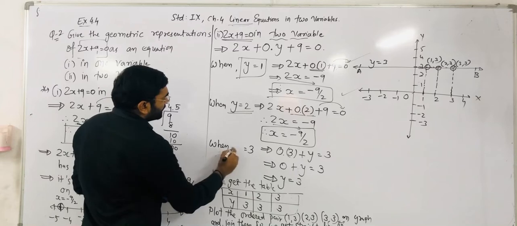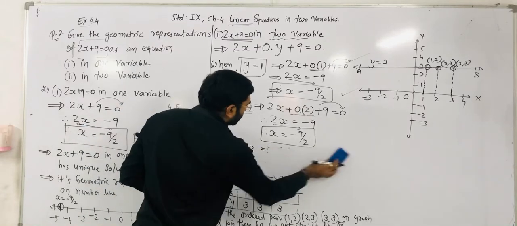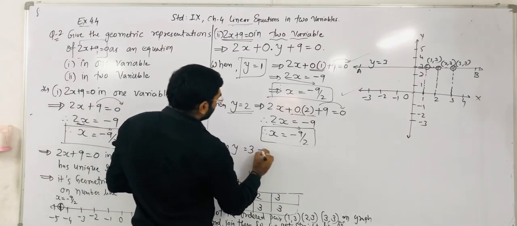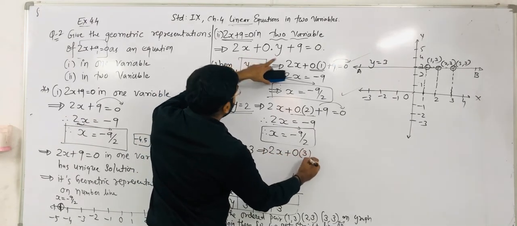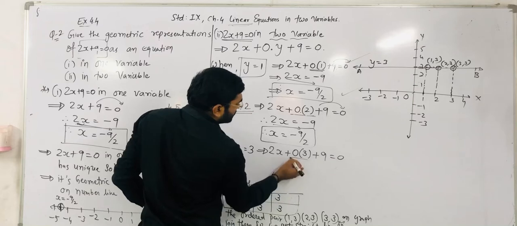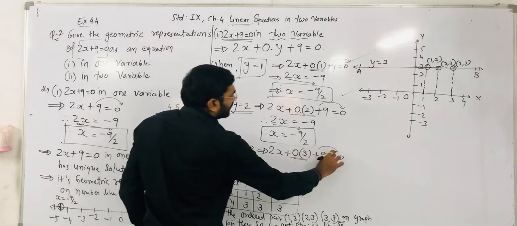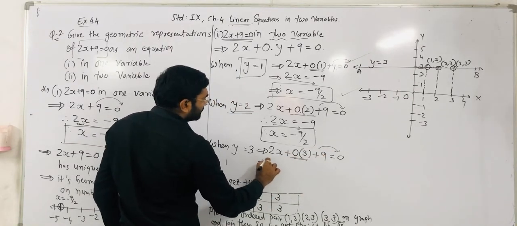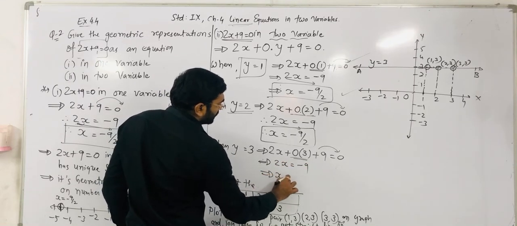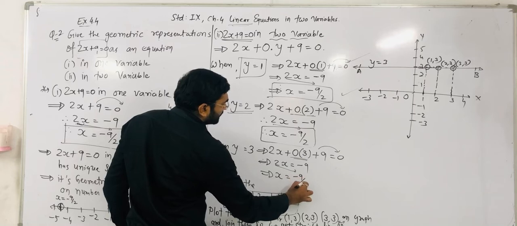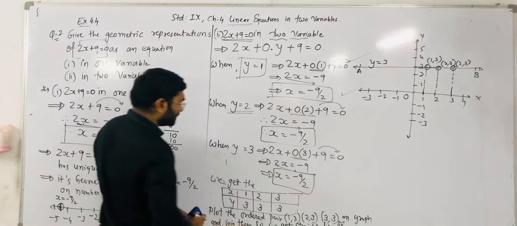Same way, suppose I take y is equal to 3. So 2x plus 0 into 3 plus 9 is equal to 0. 0 into 3 means 0 only, plus 9 goes to the right hand side and becomes minus 9. So what is our x value? That 2 goes to the right hand side in the denominator, so the x value is minus 9 by 2.